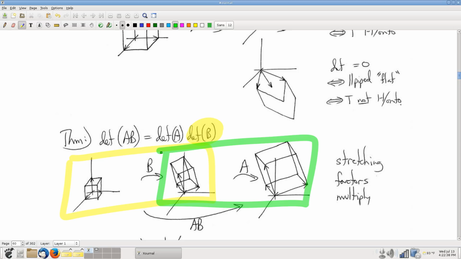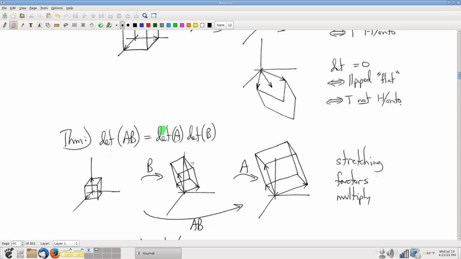Well, it's going to take this parallelepiped and it's going to turn it into some other parallelepiped, and in particular the determinant of A is going to tell me that volume stretching factor. All right, so how much bigger is that volume than that volume? Okay, well, so what happens when you multiply two stretching factors?